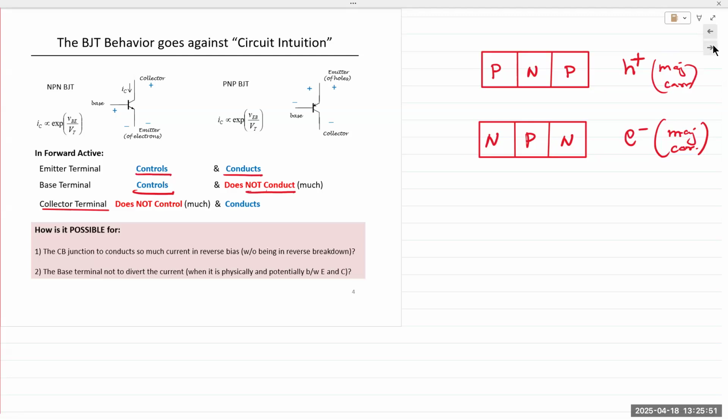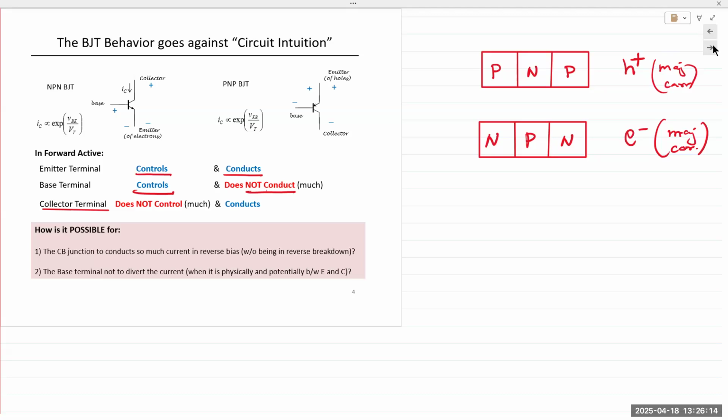So let's stick with NPN. Most of the classes, if you take a class anywhere in the world, the description will always begin with an NPN transistor. The NPN transistor is the most popular version, for the simple reason that electrons have higher mobility than holes.